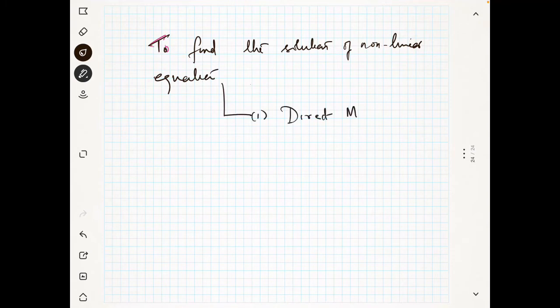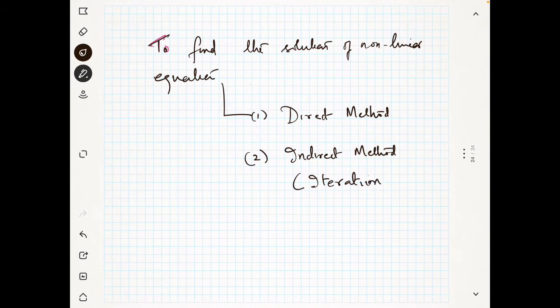Okay, direct method, that's what we have discussed now, directly solving the equation. And another one is known as the indirect method, which is also known as the iterative method. Like your Jacobi iteration, this kind of iterative method is possible here also, but it is not like Jacobi iteration, it is in a different way. So it's like an iterative method.